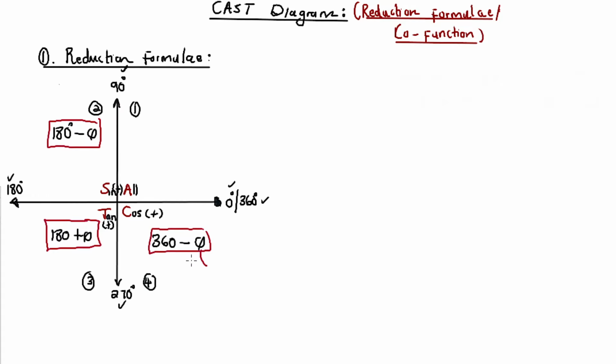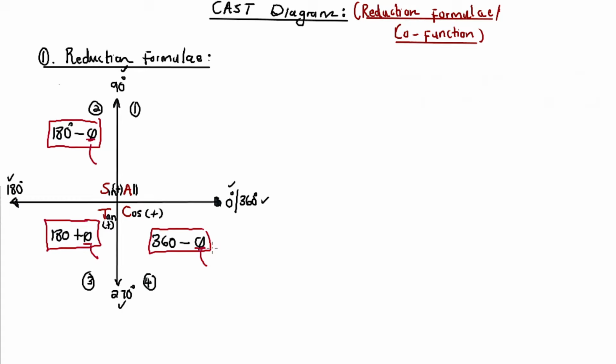The angle theta is an acute angle. As you'll see in most of the examples we'll be doing, all the angles that are bigger than 90 degrees that we will be reducing using reduction formulas are going to end up being special angles, right?